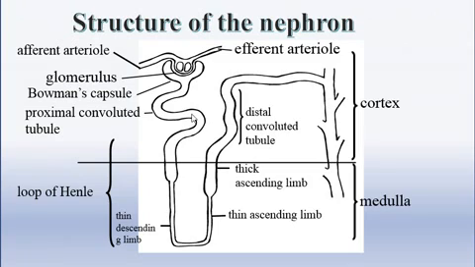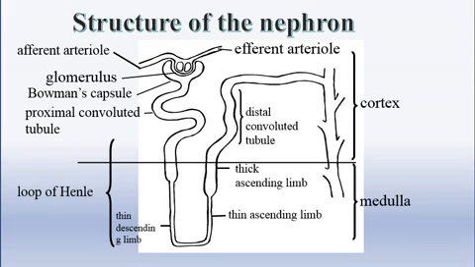In this drawing, blood vessels are not represented, but this efferent arteriole surrounds the proximal convoluted tubule, then the loop of Henle, then the distal convoluted tubule, and also the collecting duct. For simplicity, it is not shown, but the efferent arteriole surrounds the tubule and is known as the vasa recta.